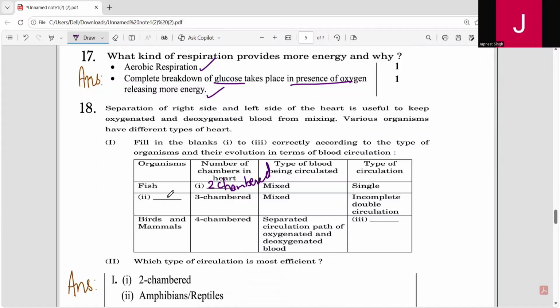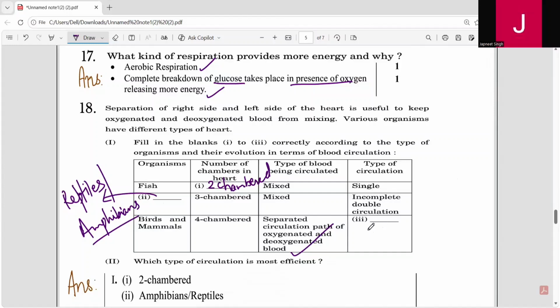Which species has a three-chambered heart? You can write reptiles, or you can also write amphibians. Birds and mammals have four-chambered hearts, with separated circulation paths of oxygenated and deoxygenated blood.